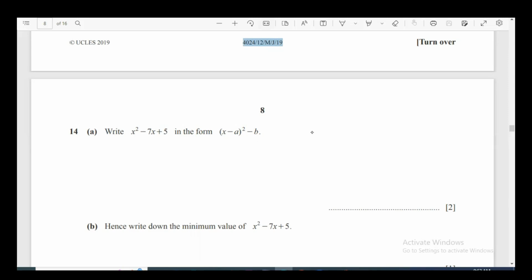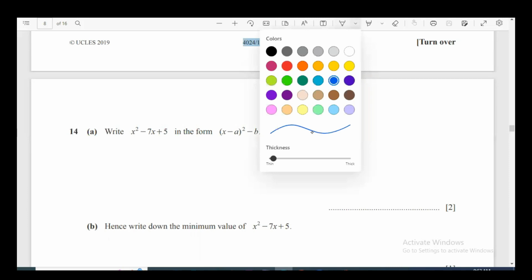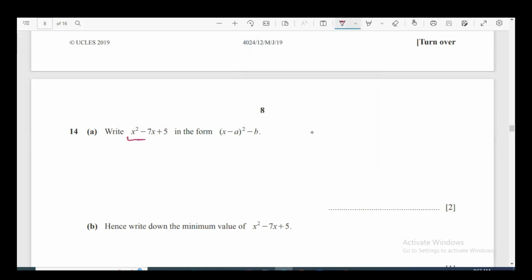First focus on the first two terms here. The two terms are x square minus 7x, and by using the identity a square minus 2ab plus b square, but x square minus 7x are two terms, and a square minus 2ab plus b square are three terms.